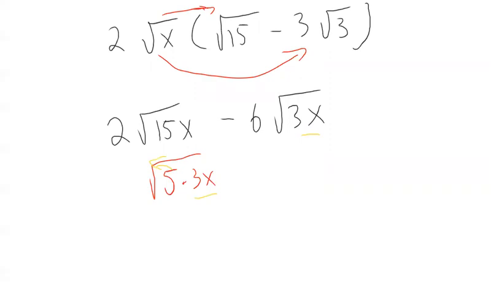Even though they're kind of similar, they have to be exactly the same to do anything. So my final answer is 2 radical 15x minus 6 radical 3x. They have x's, but if they're not exactly the same under the radicand, then I cannot combine them. I can't break the 15 apart. So this is my final answer.